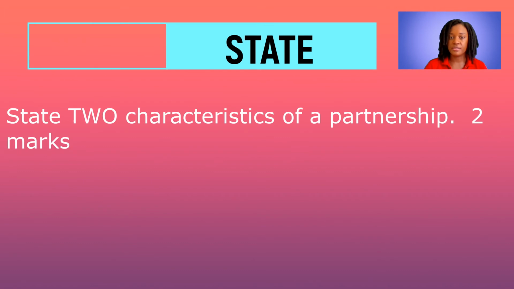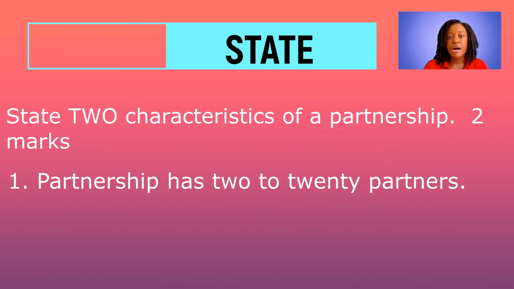How would you do that? Stating does not require you to give any detail, which is similar to listing or identifying. So in answering that question, you would say something like, a partnership has 2 to 20 partners. You don't have to say anything more.